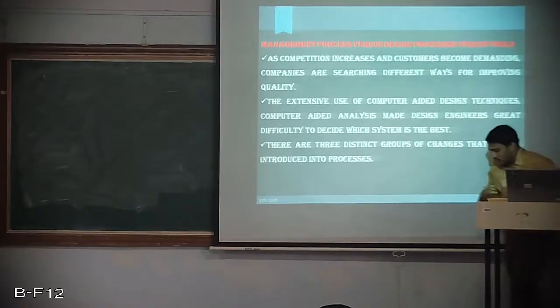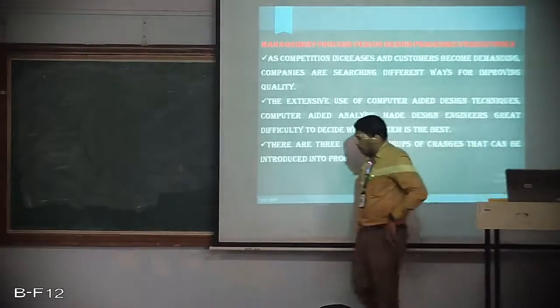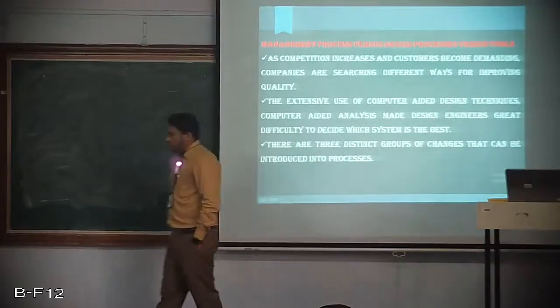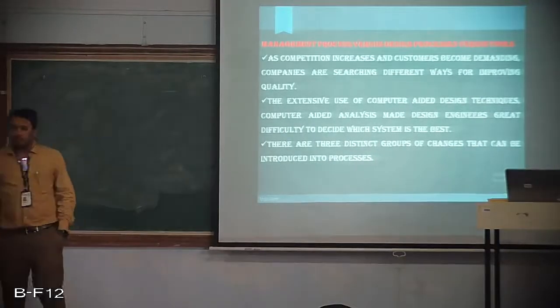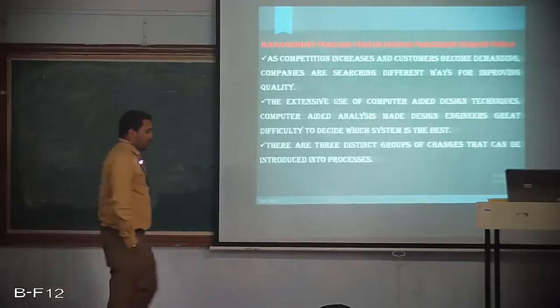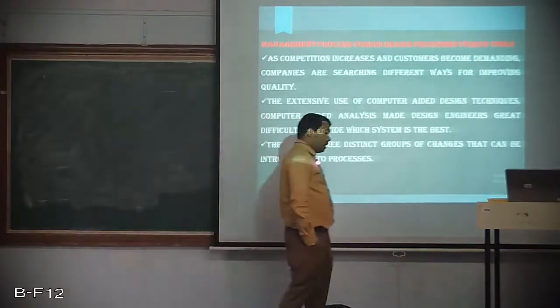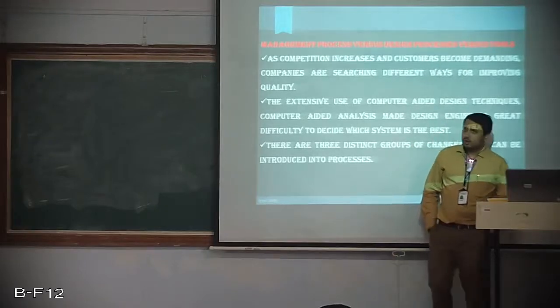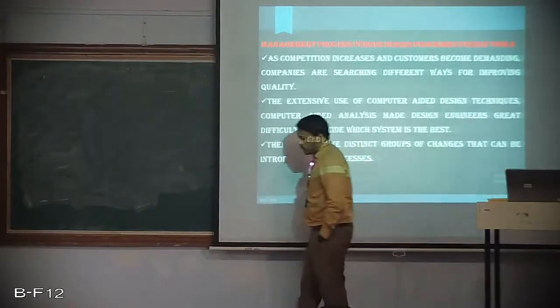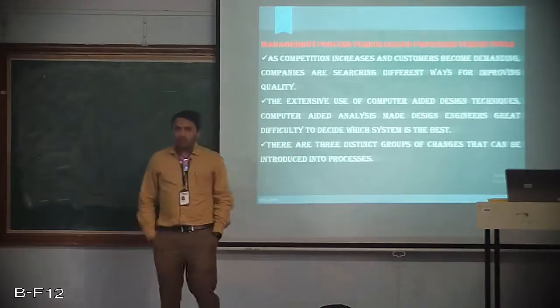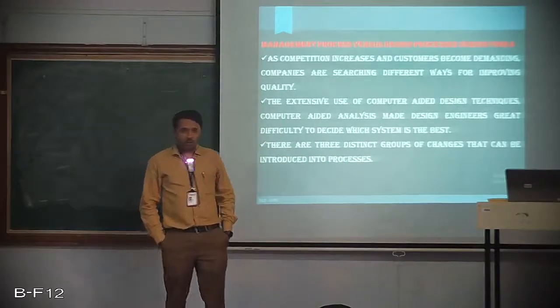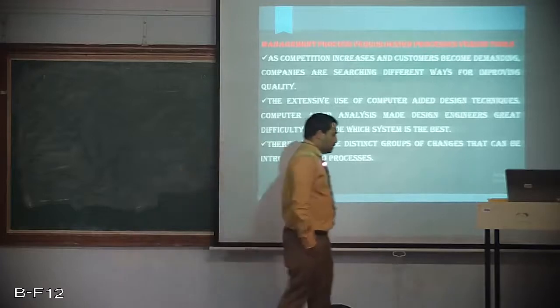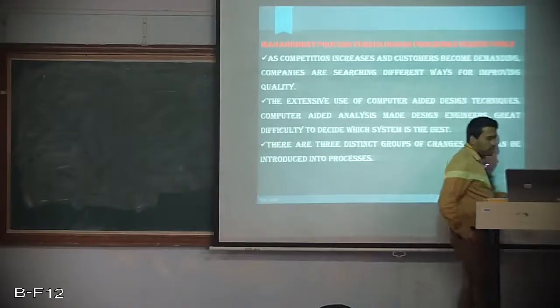Some say CATIA is good for surface modeling and Pro is good for solid modeling, and some say other software is very good for sheet metal modeling. Hence there is a lot of confusion about which to buy. If I run a company, I can't buy all the software options available. I can afford only one, but which one? So there will always be confusion.